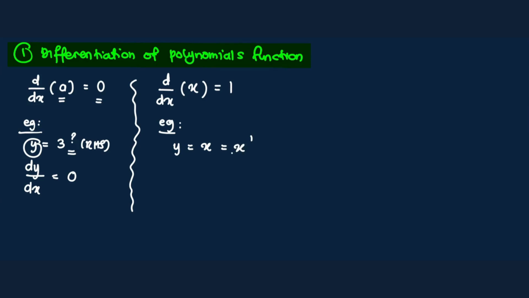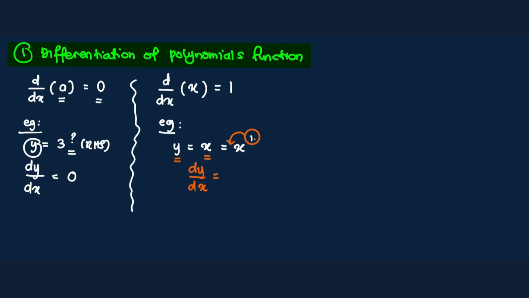The rule of differentiation is the power you multiply to the front of your variable x. So you will get dy/dx, because you're differentiating y with respect to x on the right hand side here, and your x here is having power 1.